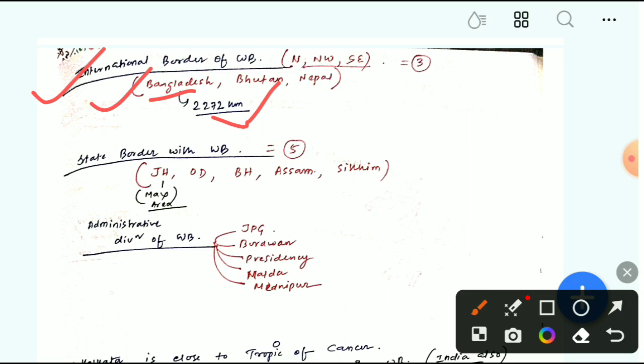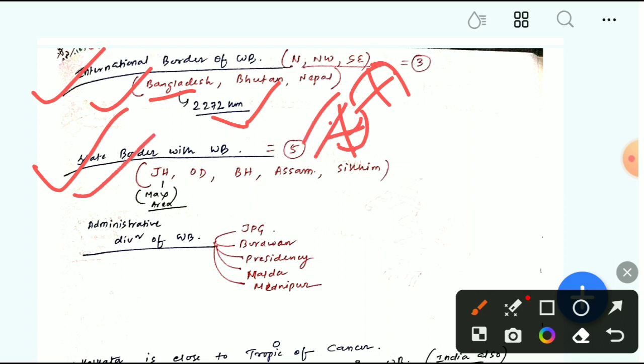This is also important. State borders with West Bengal are also important. We have 5 state borders: Jharkhand, Odisha, Bihar, Assam, and Sikkim. Jharkhand covers the maximum area with West Bengal. So this is also very important.